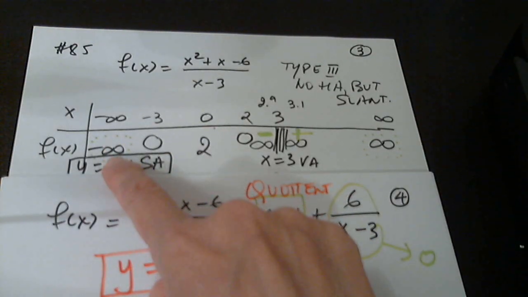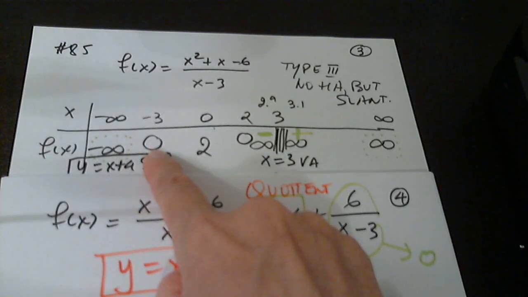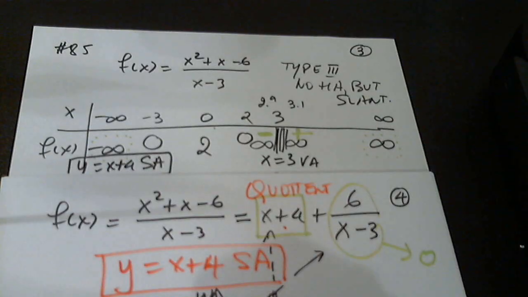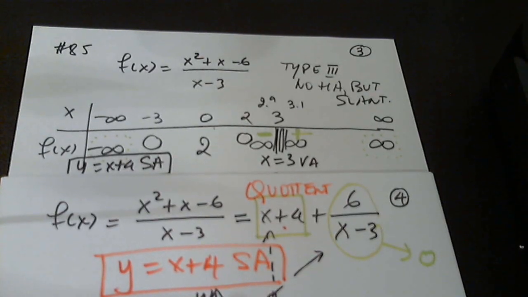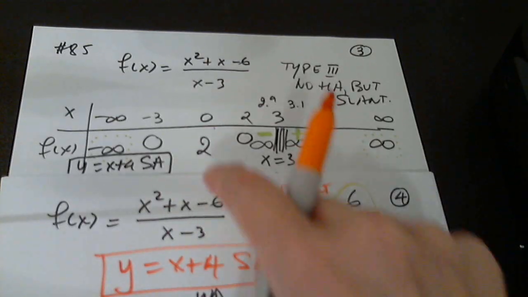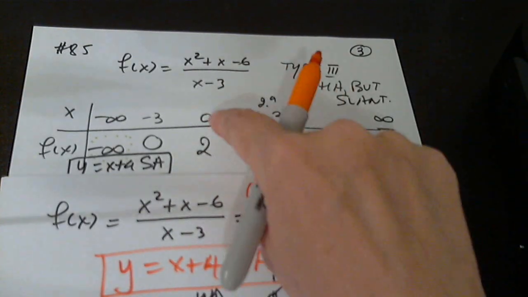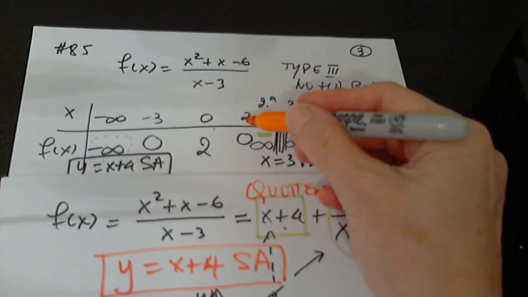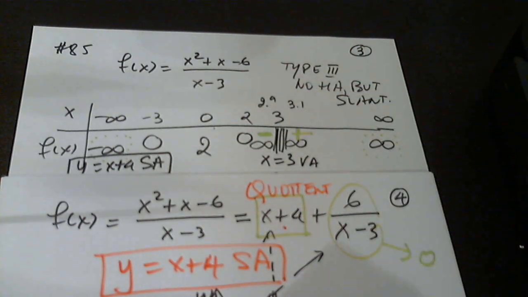From negative infinity, crossing at (-3, 0). From negative infinity, it has to follow the asymptote. Then goes up, crossing at (0, 2). Okay, fine. Then it comes down and crosses at (2, 0). I don't know again if it turns here or goes further up and then turns.